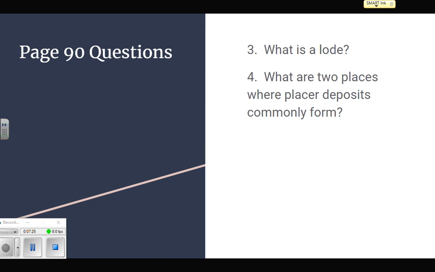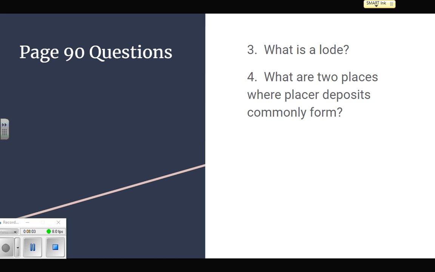What is a lode? Question number 3. Answer, many thick hydrothermal veins that may form in one place.